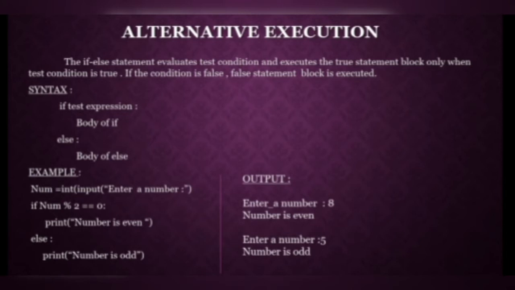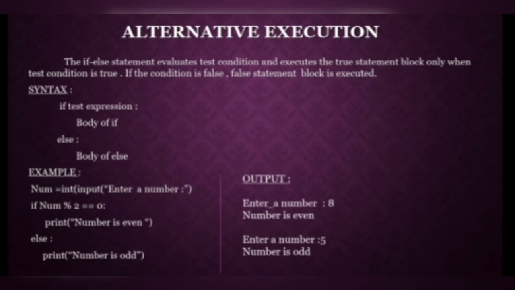Here is an example for the if-else statement: num = int(input("Enter a number")). This is the format for getting input from the user through the keyboard. If num % 2 == 0, print "number is even", else print "number is odd". For example, if you enter the number 8, it is an even number.